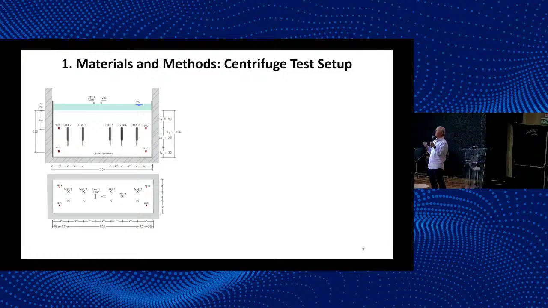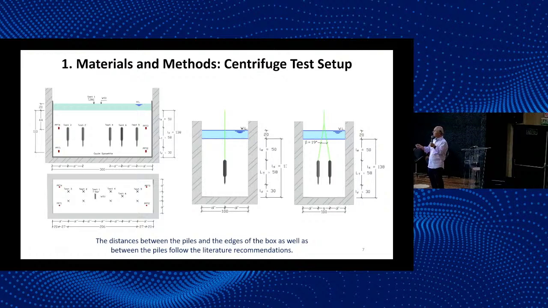You can do 5 tests typically in the same model or the same clay bed, and you can see here the torpedo piles, and in the cross section you may do either an isolated single pile or a cluster, as you show here. This distance has been assessed, and they are okay with the literature.